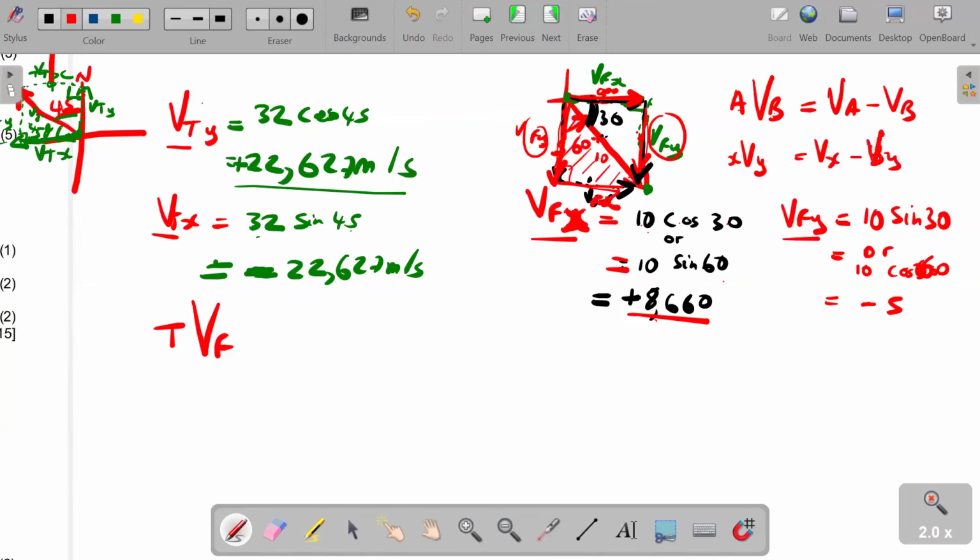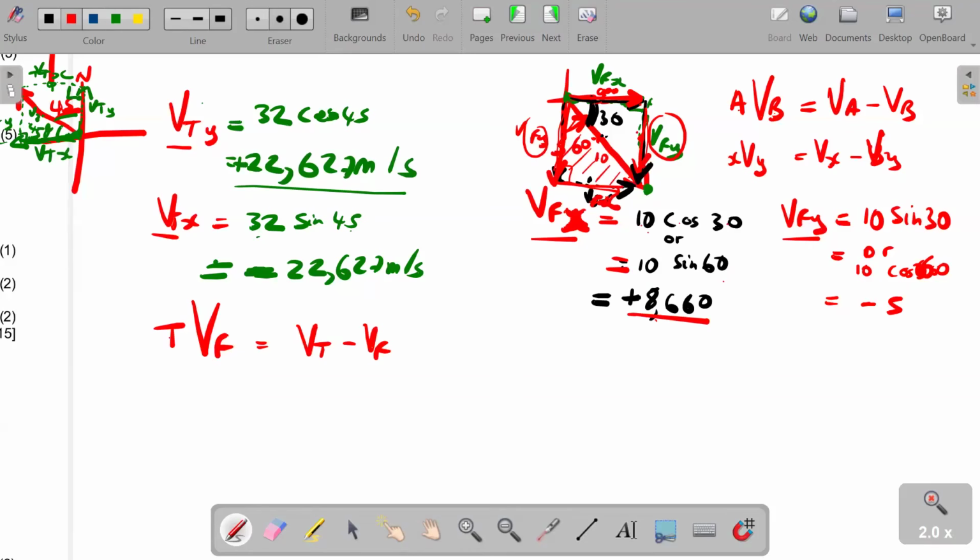Meaning to say the velocity of the torpedo relative to the freighter is equal to Vt minus Vf. This is a formula that you have to know, you have to understand. Unfortunately, you won't be having it on the formula sheet. You have to understand this fact. As long as you are calculating relative velocity, you have to know this.